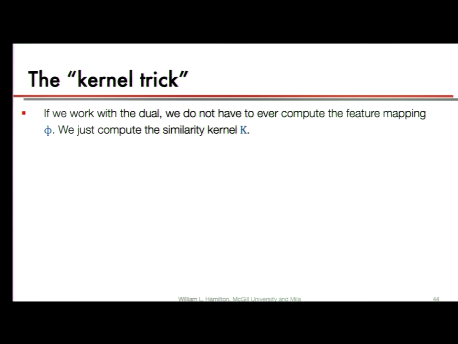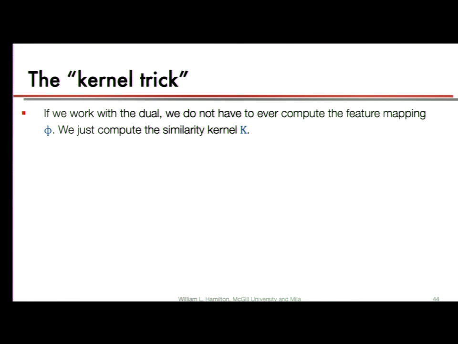So this is possible because of the fact that we're working with the dual, because of the fact that we're not actually learning our W vector, we're actually just learning the weights on all these support vectors and taking dot products of input features and linear combinations of input features. We never actually have to learn our explicit parameter vector. We represent everything as just weights over our input features.